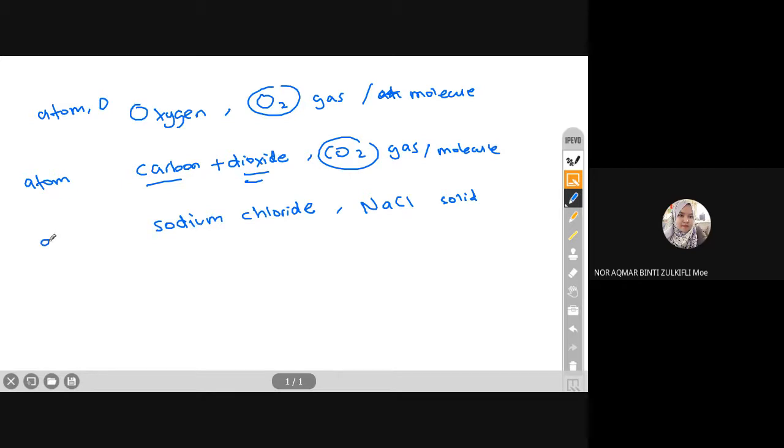Same with this: the atoms are sodium, Na, and chlorine, Cl, but when combined together, it is called an ion.